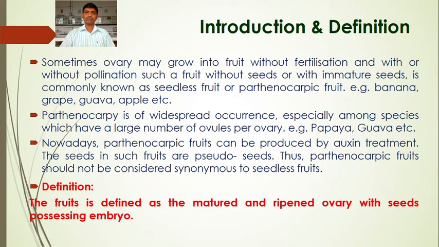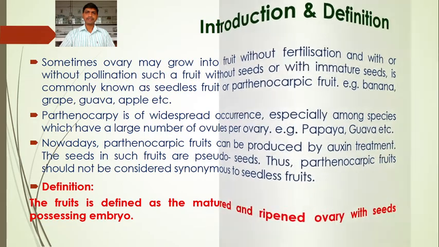During this, the ovary enlarges, the ovary wall becomes the wall of the fruit, and the ovules inside the ovary develop into the seeds, and these seeds possess embryo. So this is the definition of the fruit. It may be asked for 1 mark: what is a fruit, or define the fruit? The fruit is defined as the mature and ripened ovary with seeds possessing embryo.